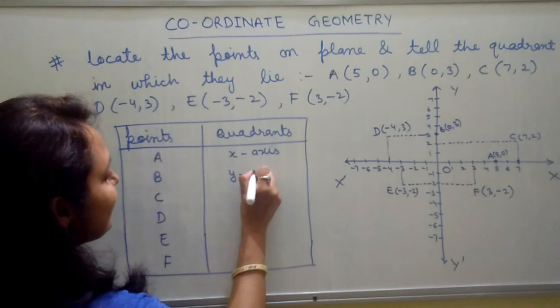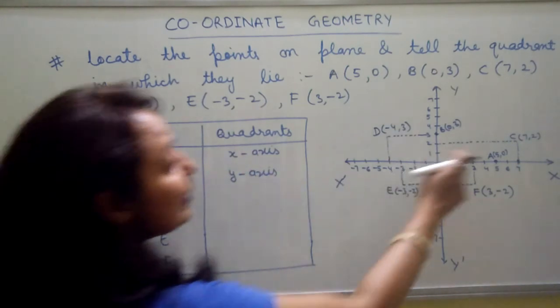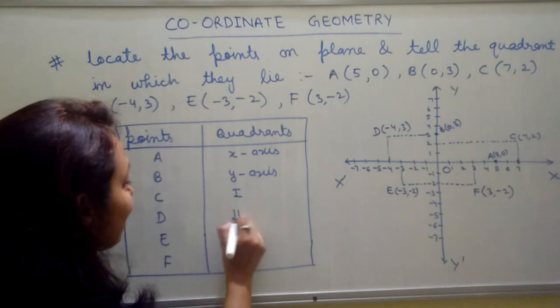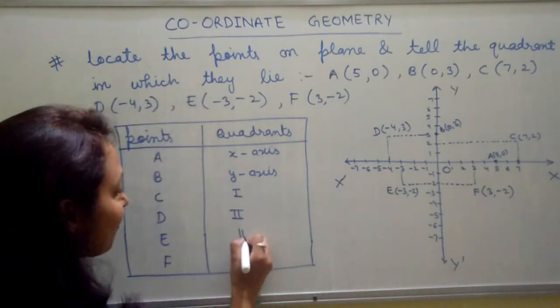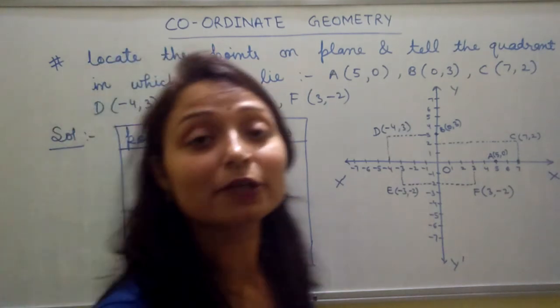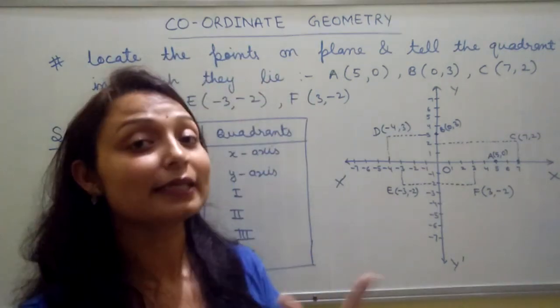B lies on the y-axis. C lies in the first quadrant, D in the second quadrant, E in the third quadrant and F in the fourth quadrant.